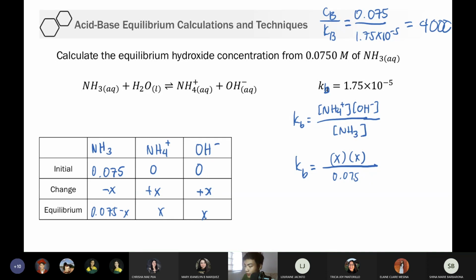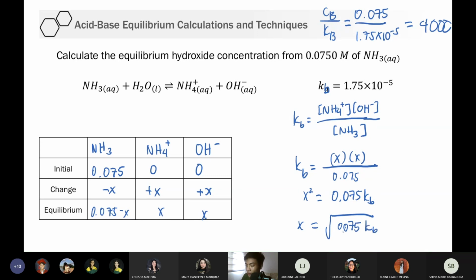So now we will solve for x. Okay? So i-rearrange natin tong equation na to. So we will get x squared equals 0.075 KB. To get x, that is the square root of CB KB, the concentration of base times the KB.